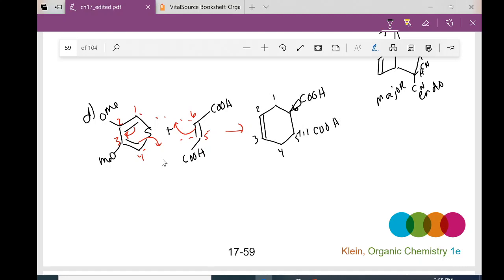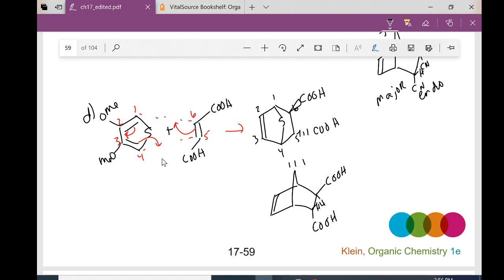So what does that mean? I forgot our little sulfur bridge here. If we turn it over, we're going to have this bicyclic system, and one of those is going to be up and the other one is going to be down. Okay?